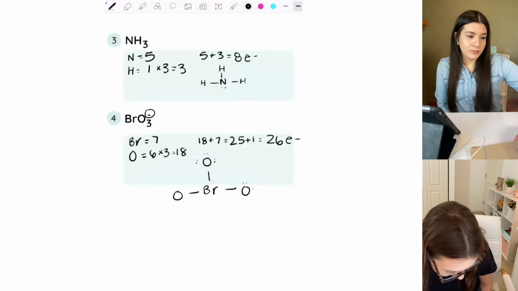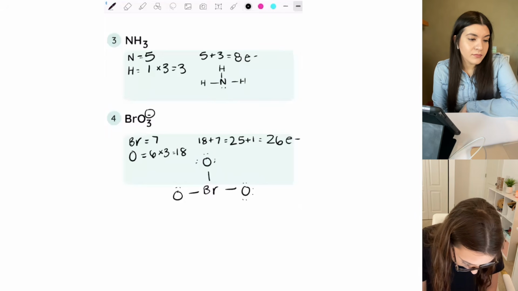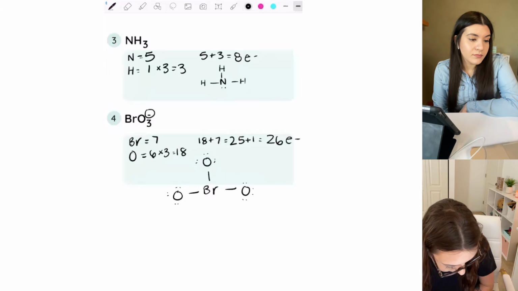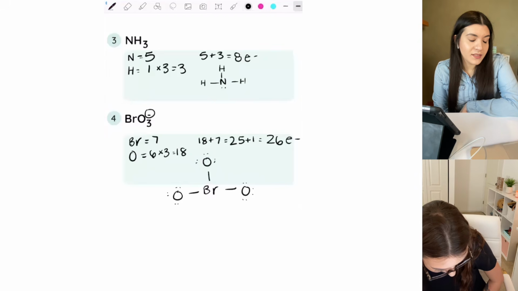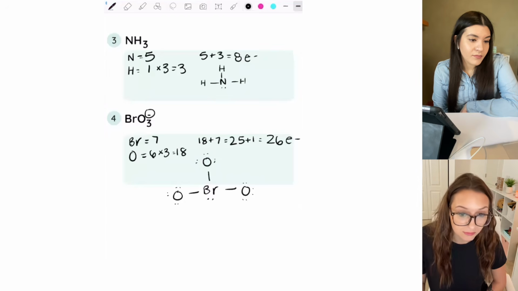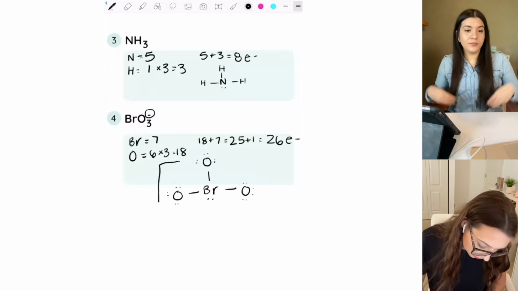Is that right? You're good so far. Okay. But bromine is not satisfying the octet rule. Good. And 8 times 3 is 24, not 26, so we need to add 2. Perfect. What else do we need to do? Oh, yeah.